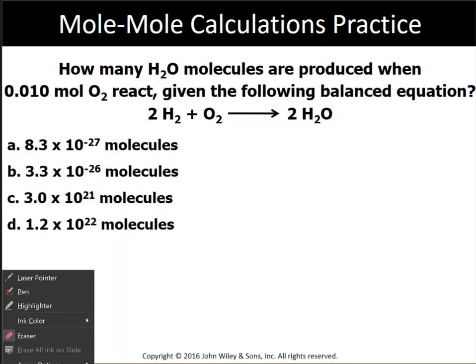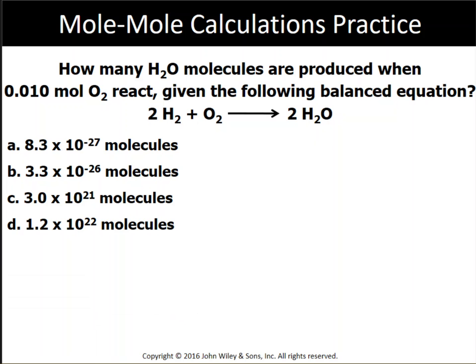So let's see what's given to us and what we're solving for. So moles of oxygen is given to us. And from moles of oxygen, we want to solve for the number of H2O molecules. So we can't go directly from moles of oxygen to the number of H2O molecules.